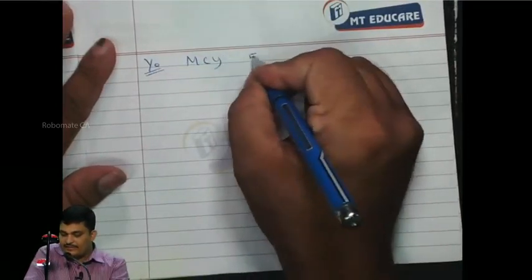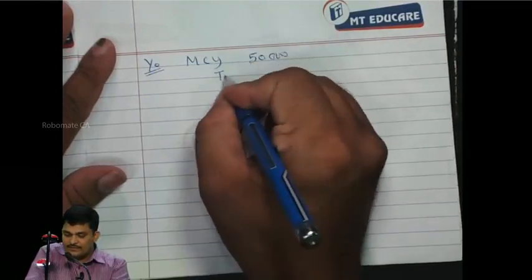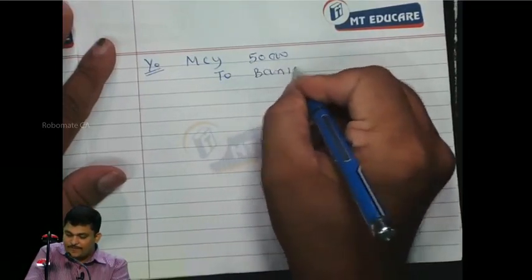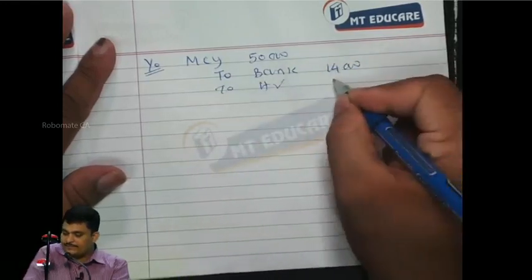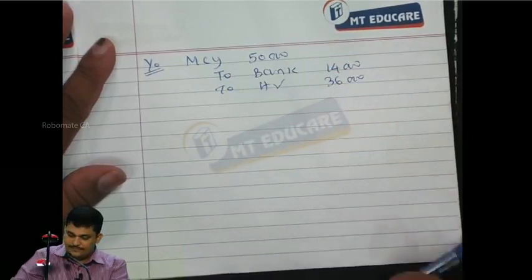So machinery 50,000, to bank 14,000, to hire vendor 36,000.